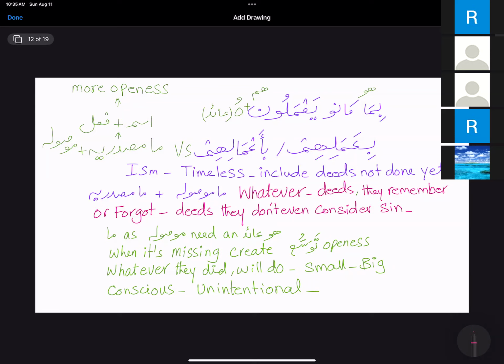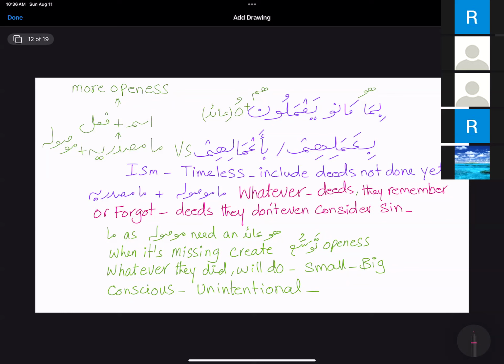So it can affect bi a'malihim or bi amalihim, we can take both versions. Ism is timeless, including deeds not done yet. It can be past, future, and present as well.